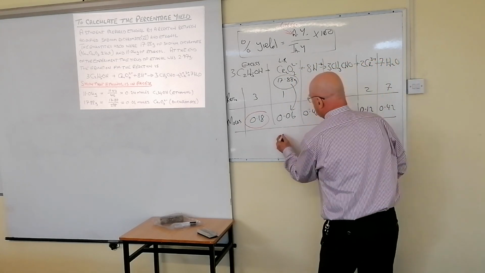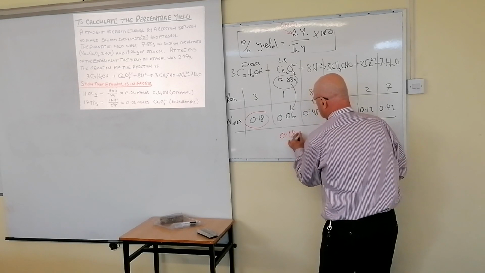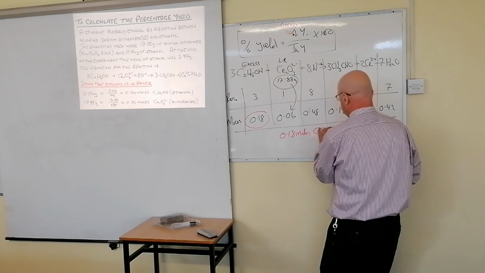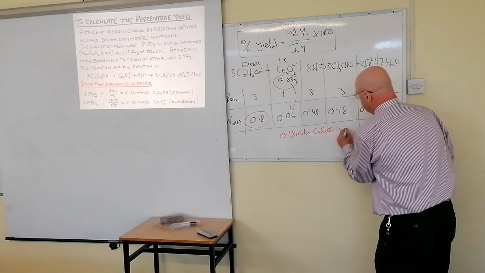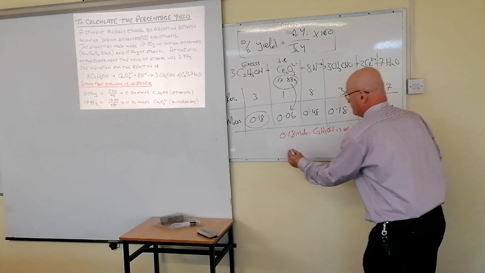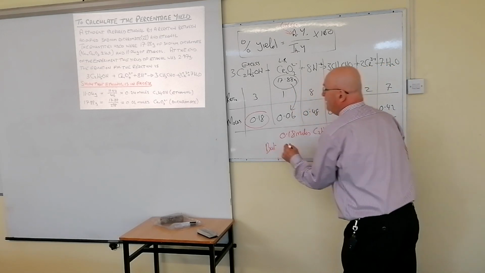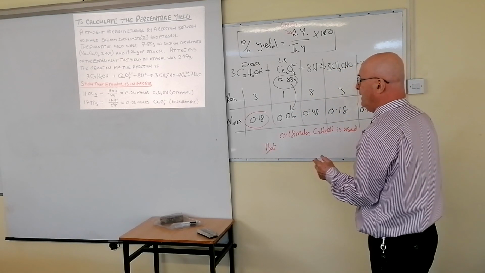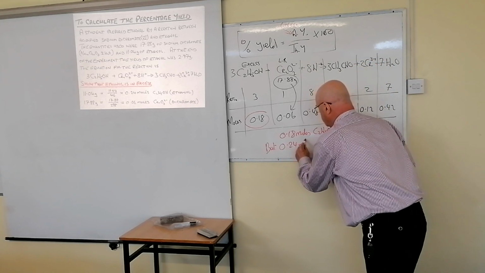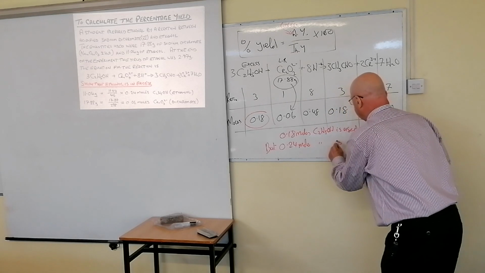And you're going to say 0.18 moles of C2H5OH is used, is consumed, is reacted. All those words are fine, yeah? But you're supplied with 0.24 moles of that is supplied.